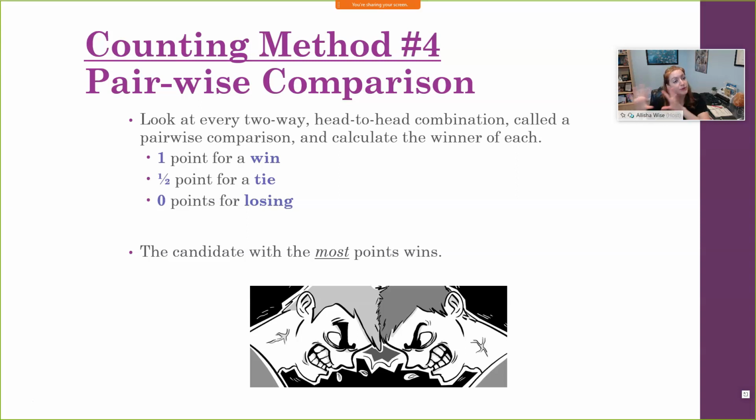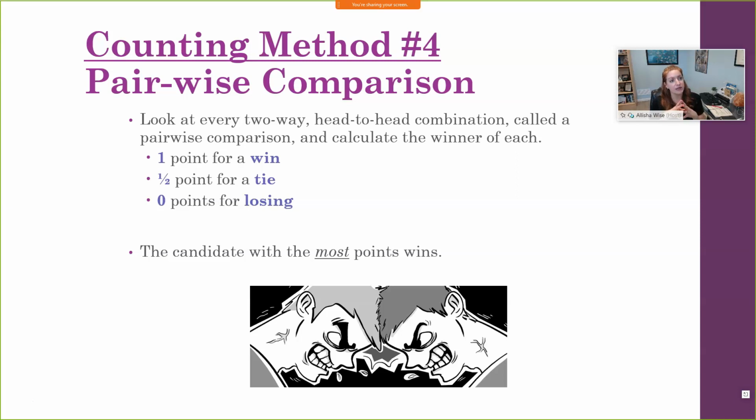So we're going to use those head-to-head comparisons to do the pairwise comparison, which is our last counting method. So we did the plurality method, the Borda count method, the plurality with elimination method in the first part. We're going to finish by talking about pairwise comparisons.